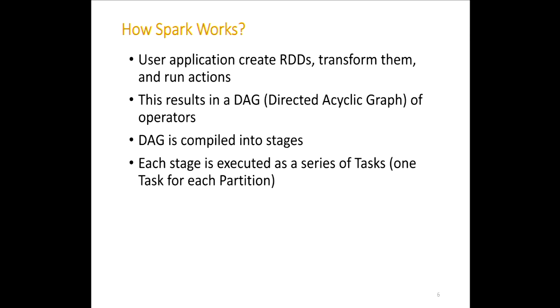Once you put in your code, Spark is going to create what's called a DAG, a directed acyclic graph, which shows the roadmap of how things are going to happen in your application.